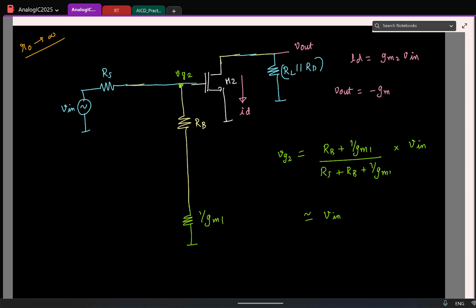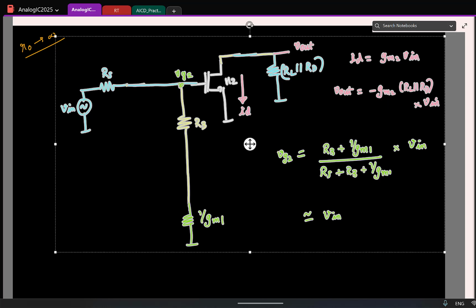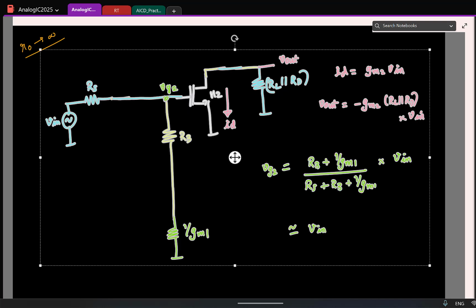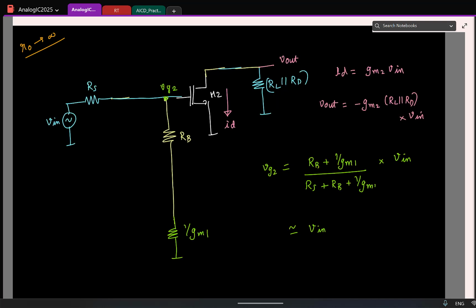Minus GM2 times RL parallel RD times Vin. So it's working as expected. Our biasing didn't screw up anything else. Okay. Any questions? Is it clear?